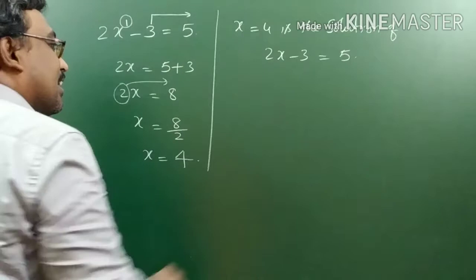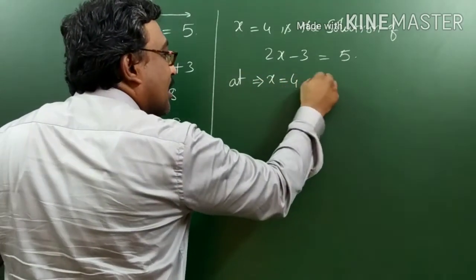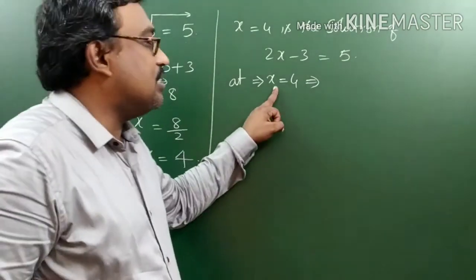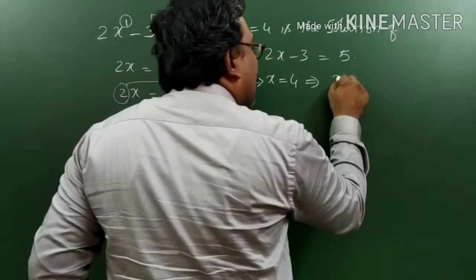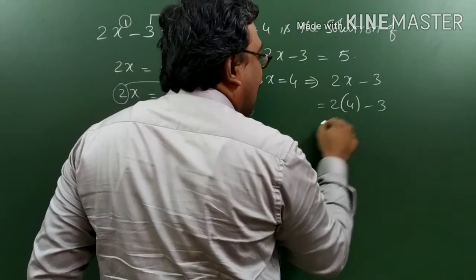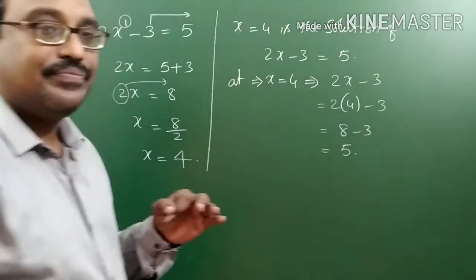How? At x is equal to 4, if you take the x value as 4 in 2x minus 3, it is 2 into 4 minus 3, 8 minus 3, then the value is 5.